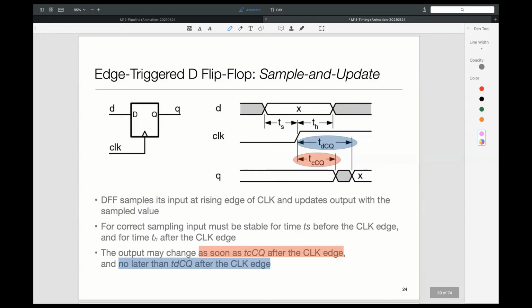So, four parameters: setup, hold, TS, TH, TCCQ, and TDCQ. TCCQ is saying what's the earliest time Q begins to change after the clock comes, and TDCQ means what's the latest time Q will change after the clock comes, provided the setup and hold times were met.